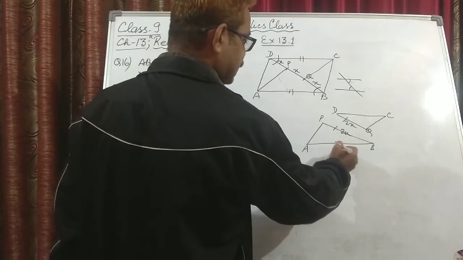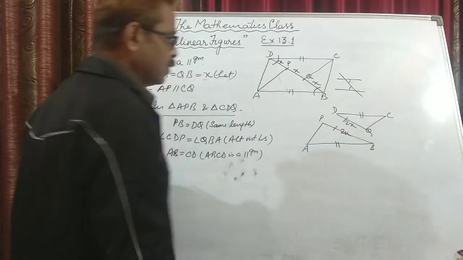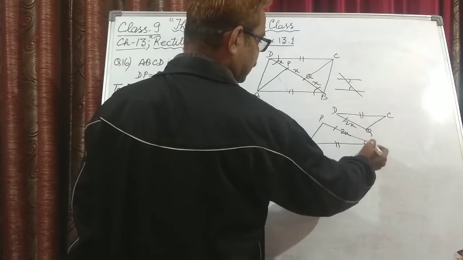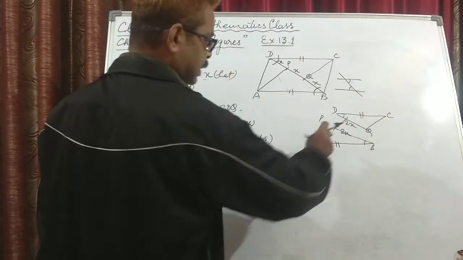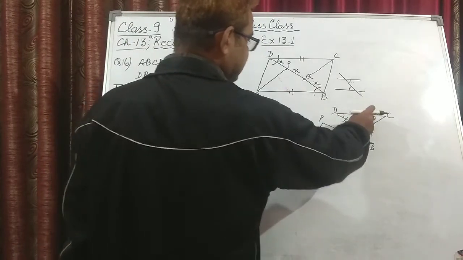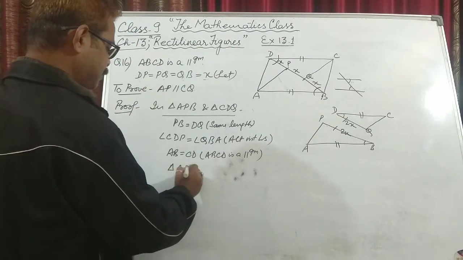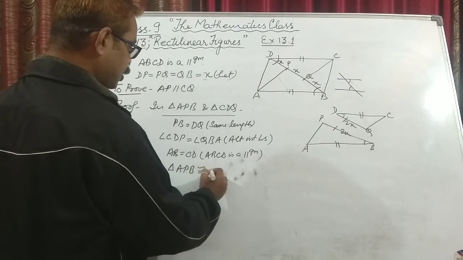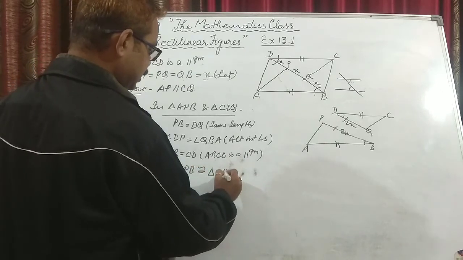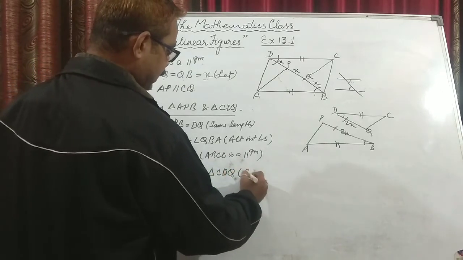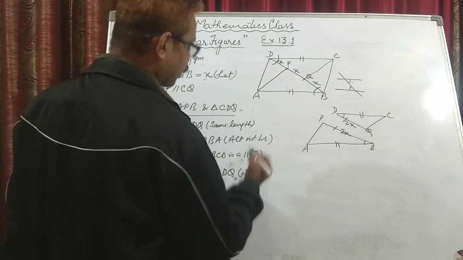Now this angle and this angle were proved equal. So by side angle side, we can say that triangle APB is congruent to triangle CDQ by the side angle side rule.